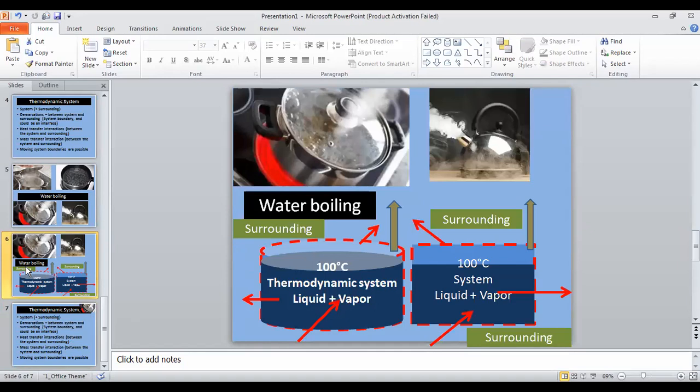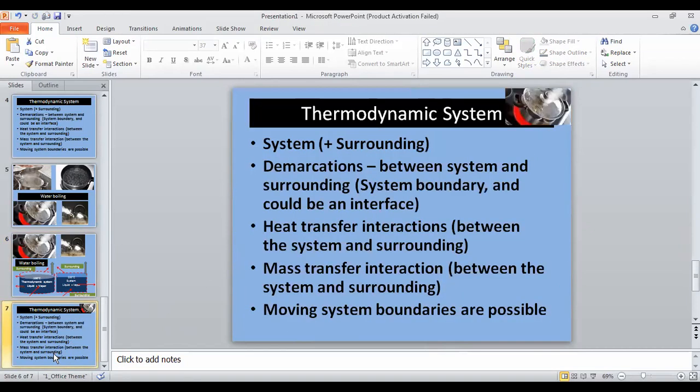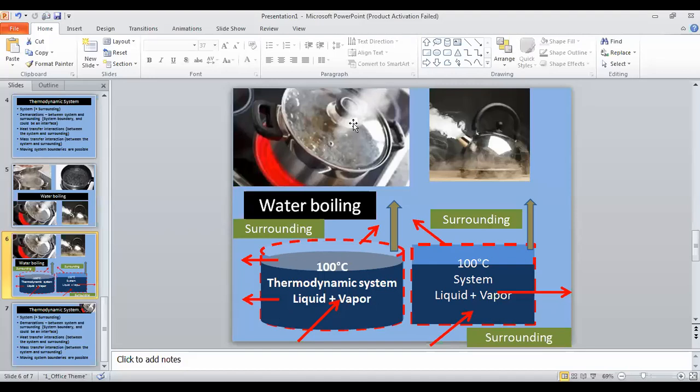Same. But now it is different. So here, heat transfer, here heat transfer, but heat transfer interaction somehow. So that phenomena is the same. Mass transfer interactions. See mass transfer interactions. Releasing mass. Same.